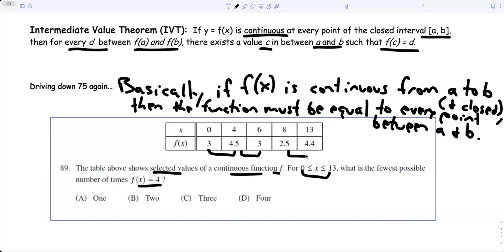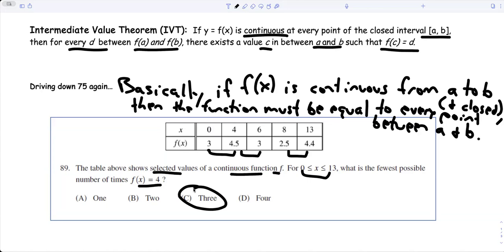And if we go from 2.5 to 4.4, and again, the function is continuous, do we go through 4? Yes. Therefore, the fewest number would be 3. There could be more because we don't have all the values, right? But there has to be at least 3.